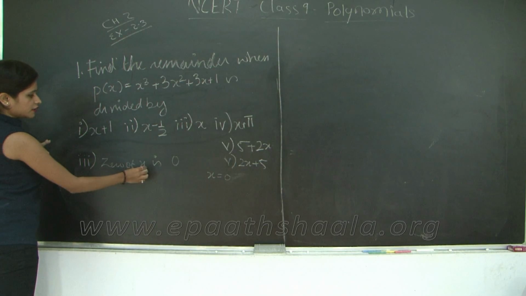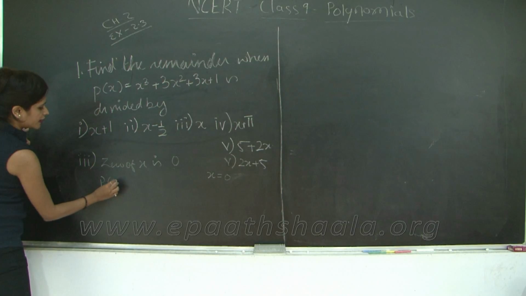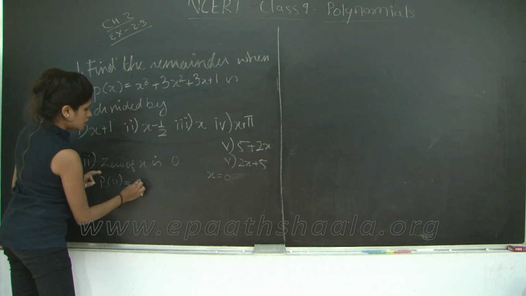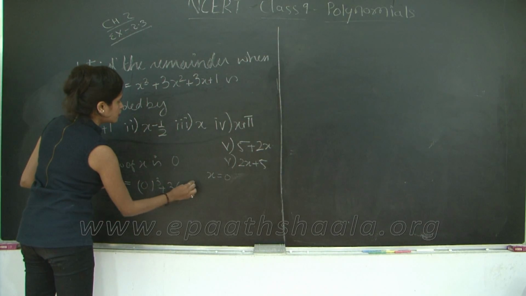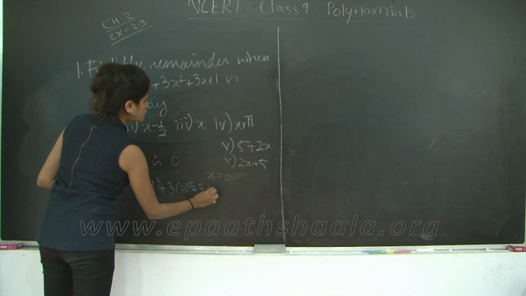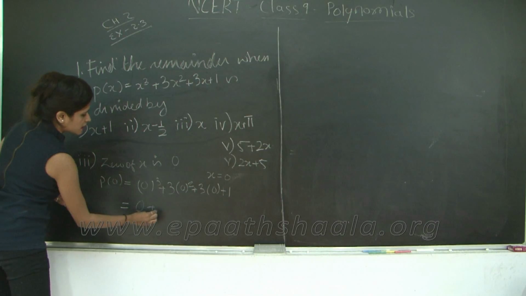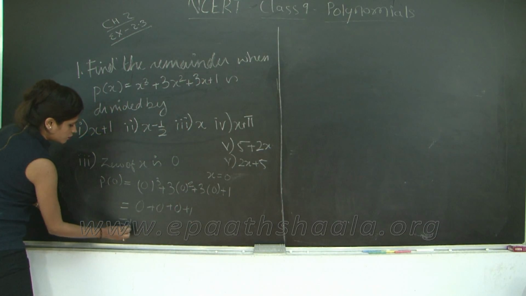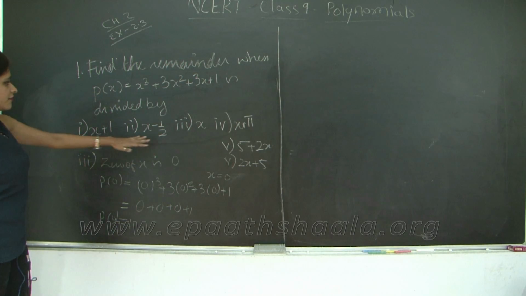So substituting the value x equals 0 in P(x), we will get the remainder using the remainder theorem. So P(0) is going to be 0 cube plus 3 into 0 square plus 3 into 0 plus 1. So all these terms are 0 plus 0 plus 0 plus 1. So P(0) gives me 1, which is the remainder when P(x) is divided by x.